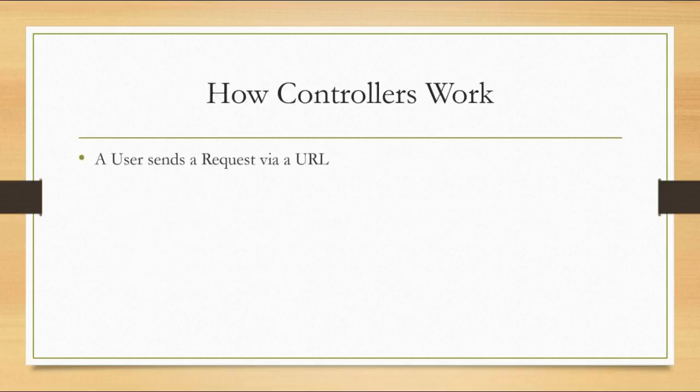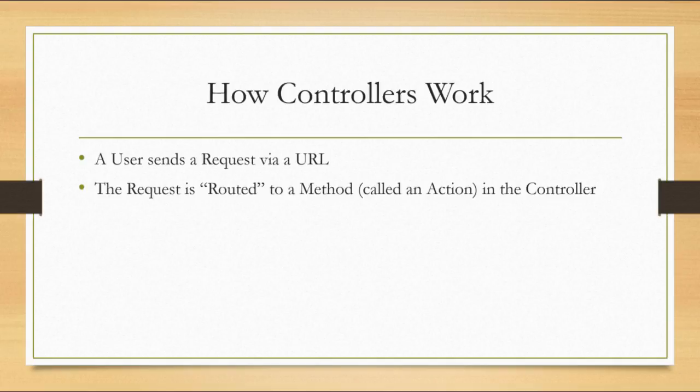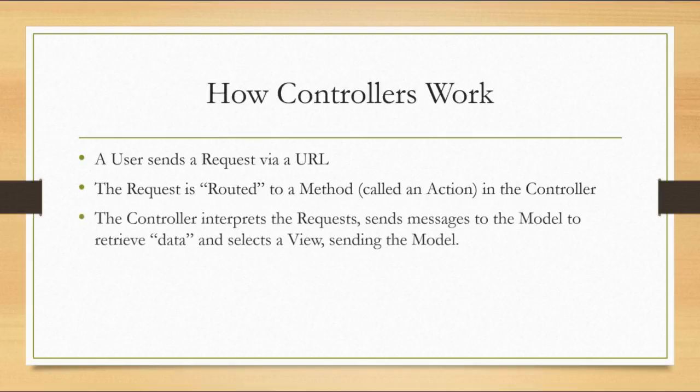How do controllers work? We saw it before. A user sends a request via a URL, Uniform Resource Locator, or a web address, sends it to the controller. That request is then routed to an action or method in the controller. We'll look at that later on in this tutorial. So the request is routed to the action.